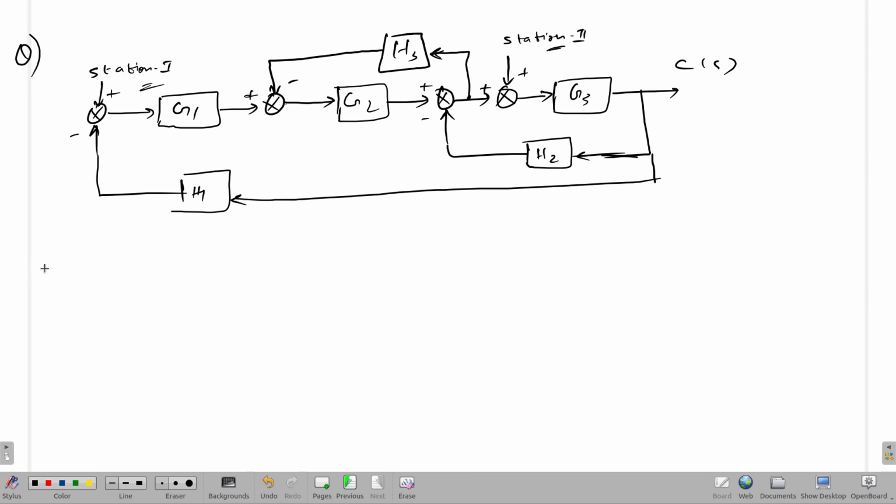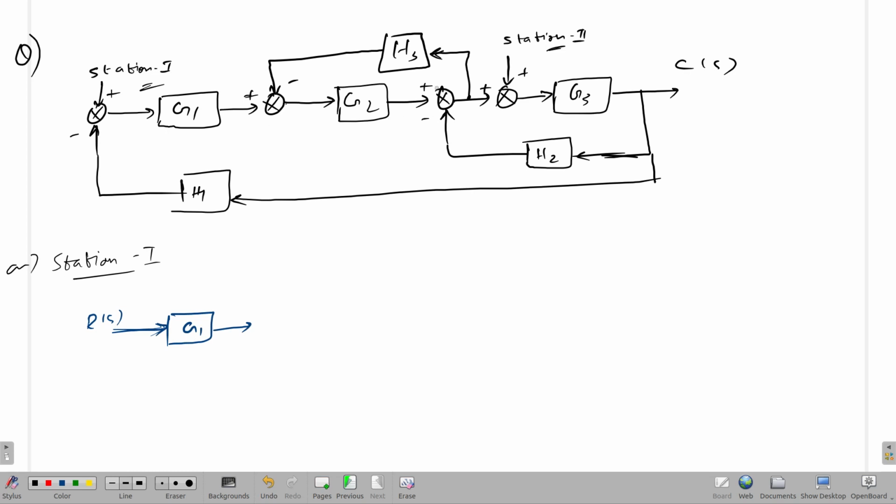Okay, so let's write for station 1, only considering station 1. This will be our R of S, that is here, this one. From that it is going to G1, right?